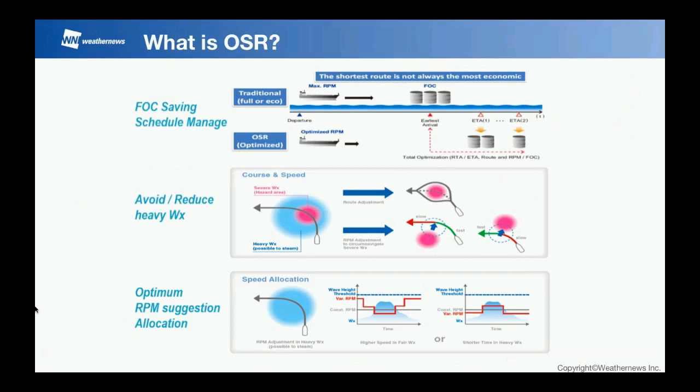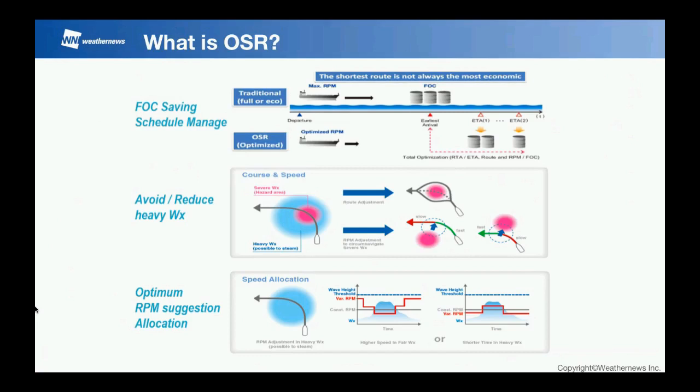Thinking about these aspects, when we're thinking about heavy weather, sometimes it's not always best to do a diversion, adding that extra distance, those extra miles. What we also look at is, can we maybe slow the vessel down, allow that heavy weather to pass in front of the vessel?